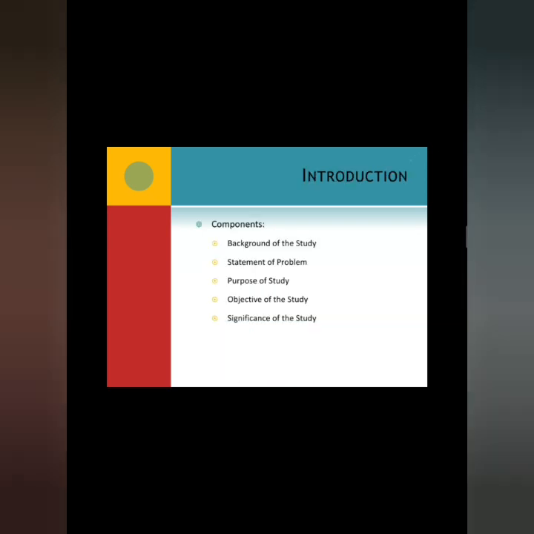Okay, introduction. So this is the first chapter you will see in the main section. So chapter 1 is introduction. For example, in a report, you will see something like this. Chapter 1, introduction.